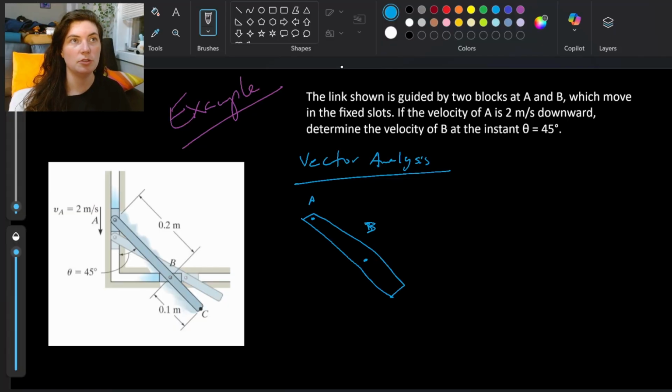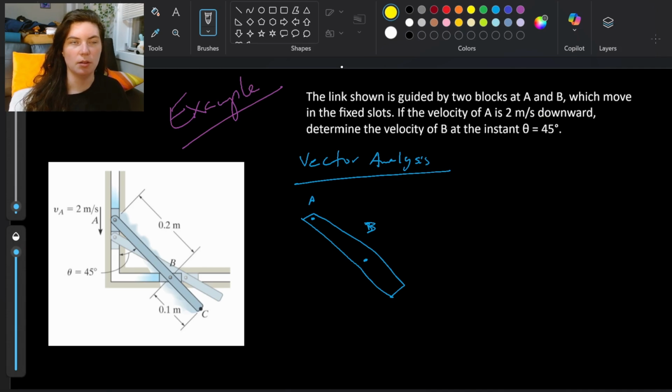And the things that we want to draw are the velocity of A, the velocity of B, our direction of angular velocity omega, and then finally that position vector of B with respect to A. I'm going to draw each one of those in here.